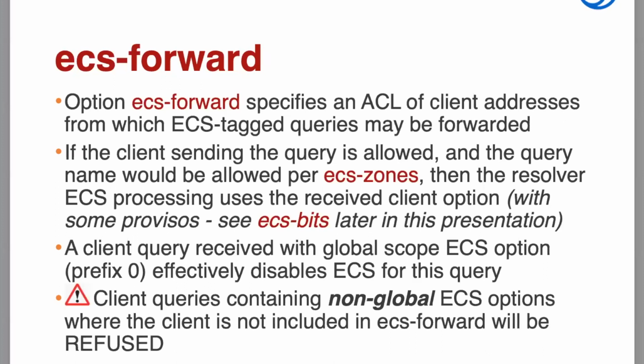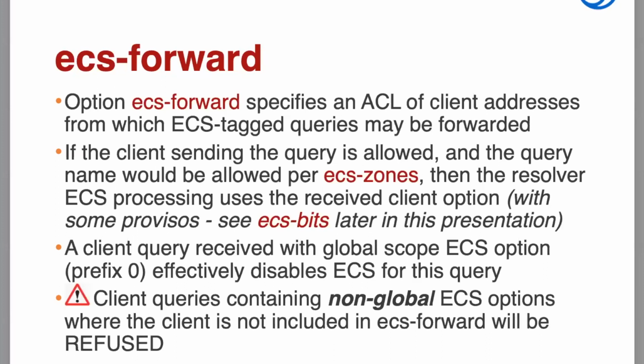If it puts that on the query it makes, and any client can do this, there are no rules about that, any client can say, I do not want you to do ECS on my behalf, then the resolver will not put ECS on the query to the authoritative server. Or it may ask with global scope if the outcome is the same.